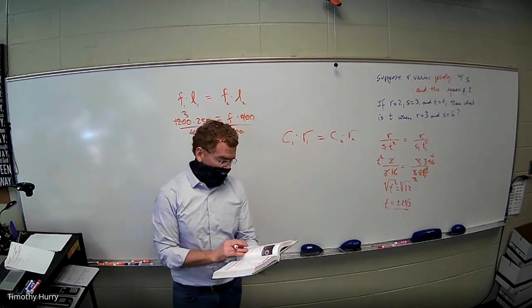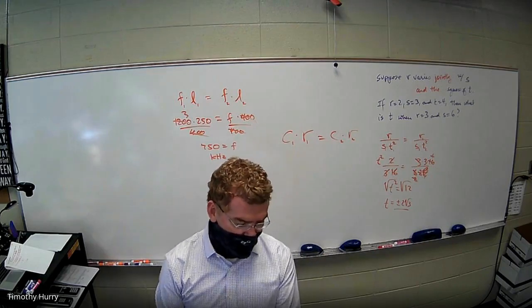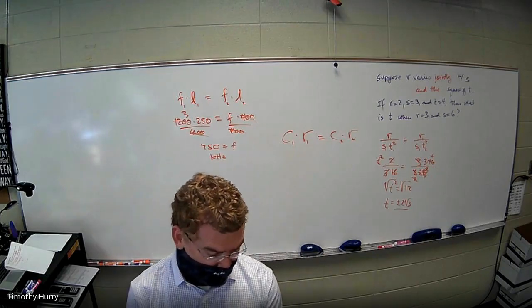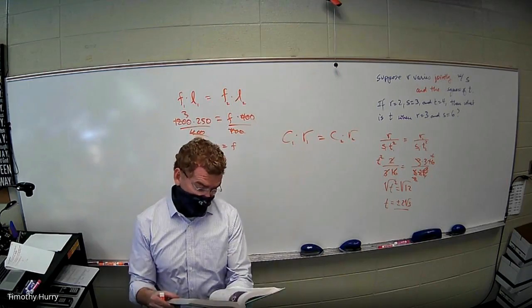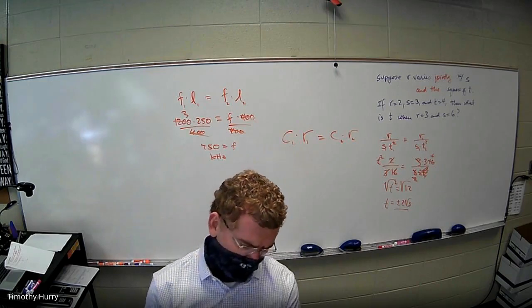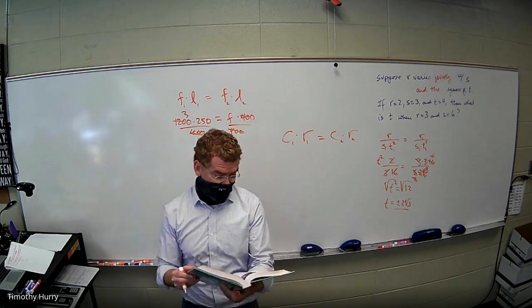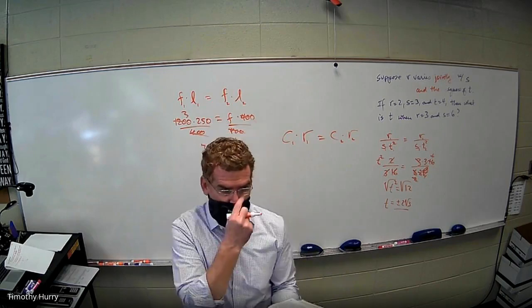Okay, the stretch in a wire under a given tension varies directly as the length of the wire and inversely as the square of its diameter. A wire having a length of 2 meters and a diameter of 1.5 millimeters stretches about 1.2 millimeters. If a second wire of the same material and under the same tension has a length of 3 meters and a diameter of 2 millimeters, find the amount of the stretch. Blah, blah, blah.